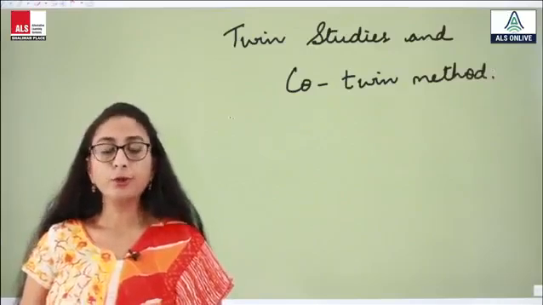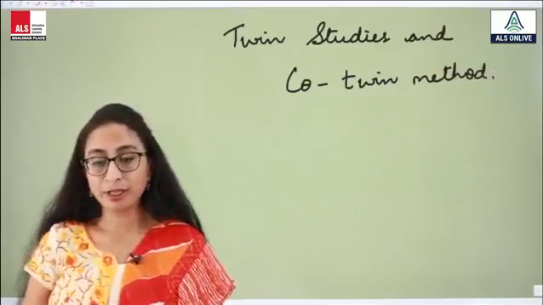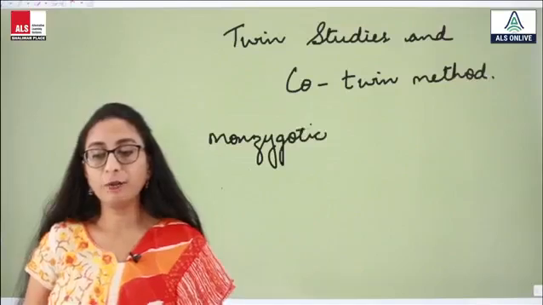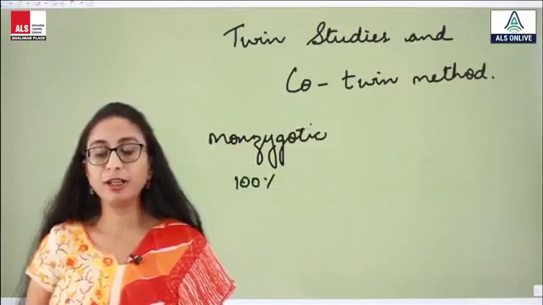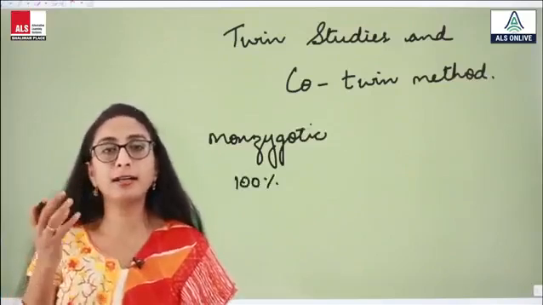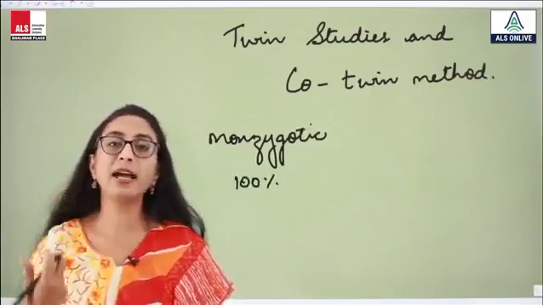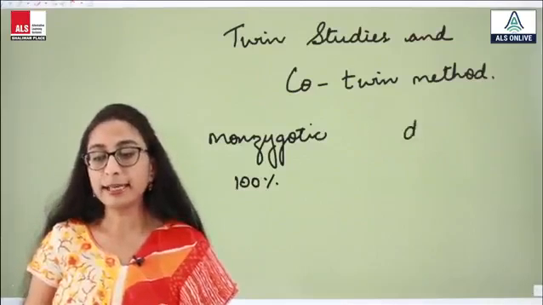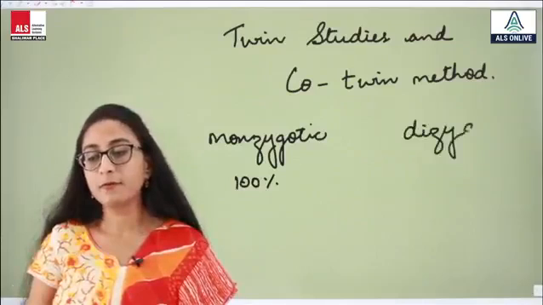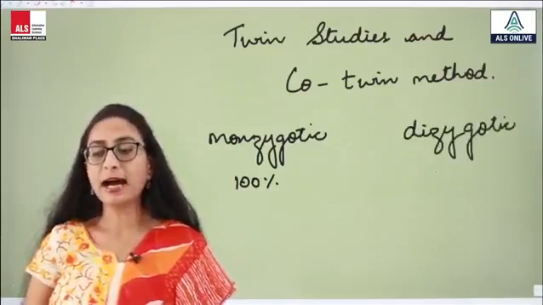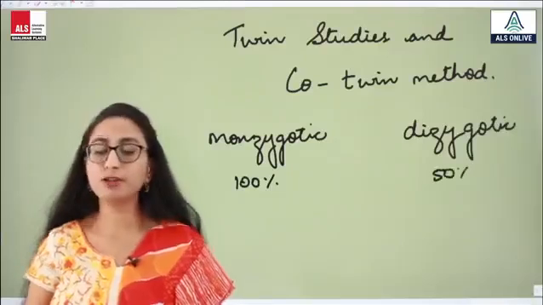So as I already told you, we have two kinds of twins: the monozygotic twins, which share around 100% of their DNA. They have similarity in the genes because they originate from a single embryo or a single zygote. Then we have the dizygotic twins, which share only around 50% of the genes.